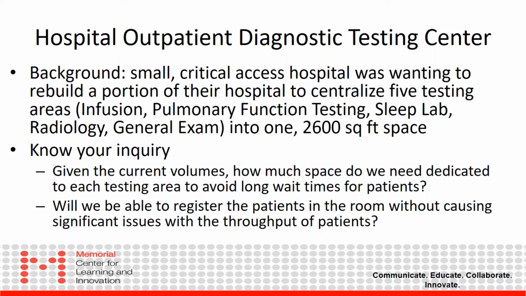One of these critical access hospitals wanted to rebuild a portion of their hospital to centralize 5 different testing areas that were previously scattered throughout the hospital: their infusion services, pulmonary function testing, sleep lab area, radiology exam area, and an area for just general exams. They wanted to bring that all together into one 2,600 square foot space, centrally located towards the front of the hospital, for patients coming in and out for outpatient diagnostic tests.